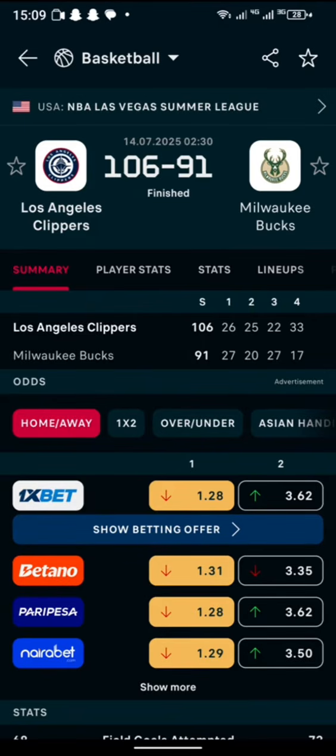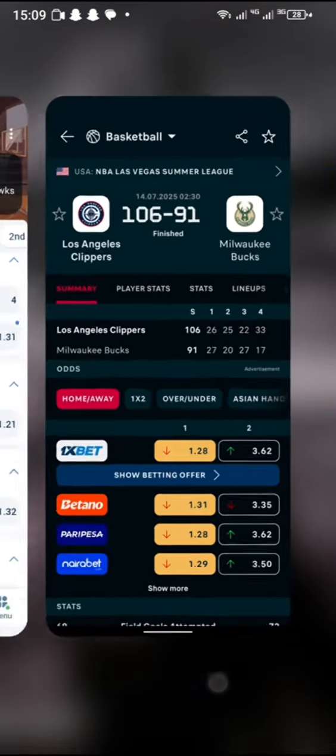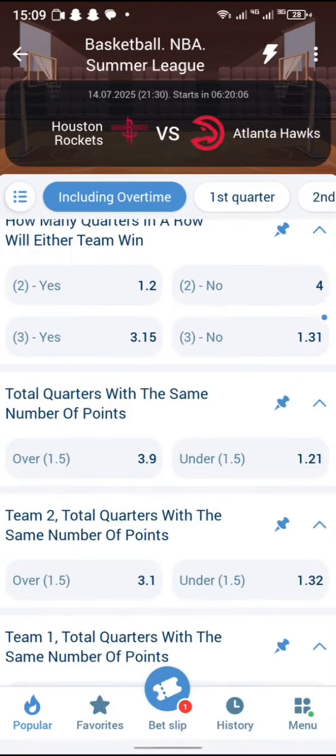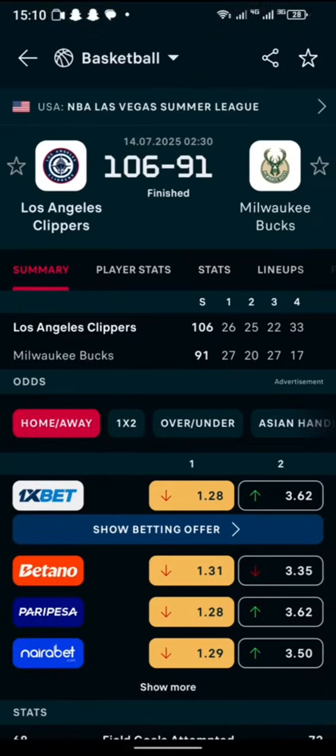If you calculate the quarters, and let me say in the first quarter the total point is 60 points, and in any other quarter again it's still 60 points, you will win the over 1.5, because it's total quarters with the same number of points. But for the under 1.5, it means that 2 quarters will not have the same points.